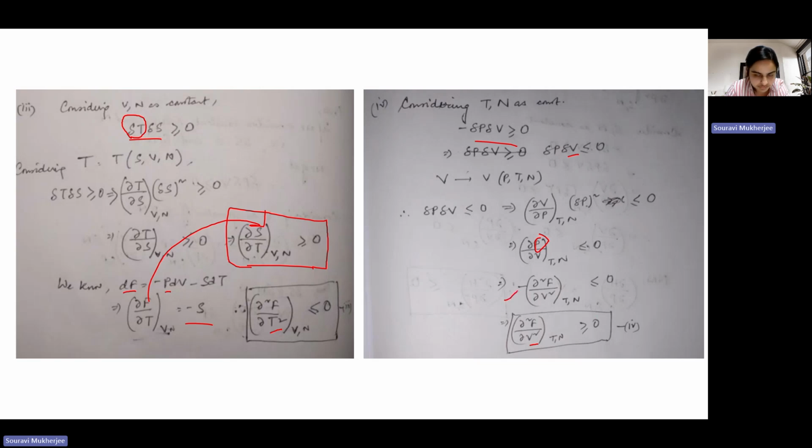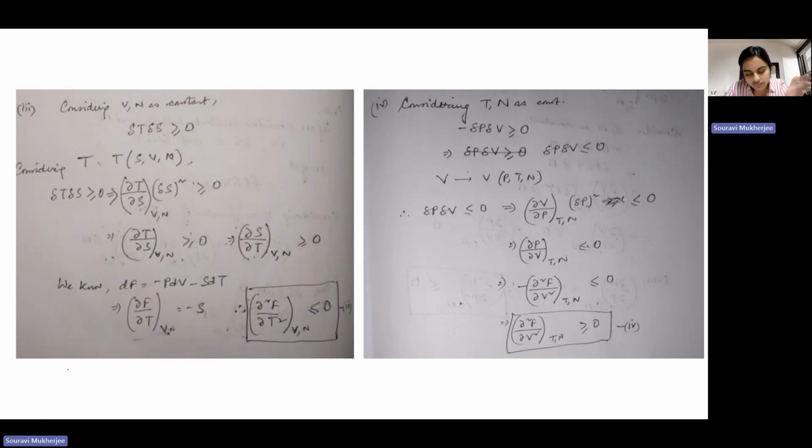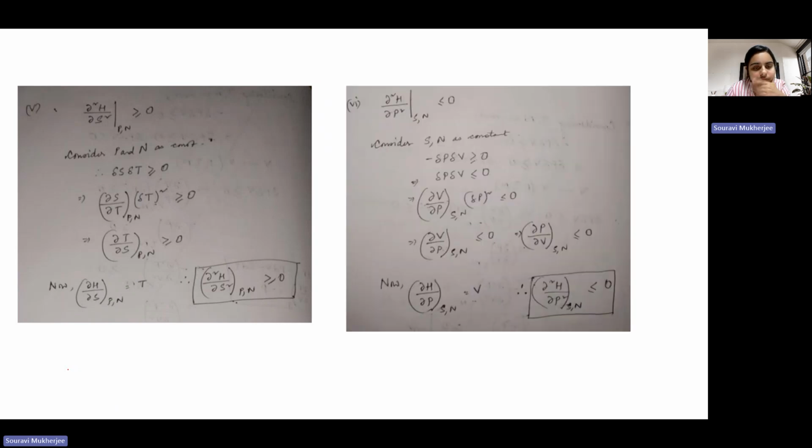Using that, put the expression of P in terms of the derivative of F, and this is what you get. So the same thing can be done for Gibbs free energy or enthalpy or for different thermodynamic potentials. This is how you do it for enthalpy, and this is the other inequality for enthalpy, one with respect to entropy, another with respect to pressure.